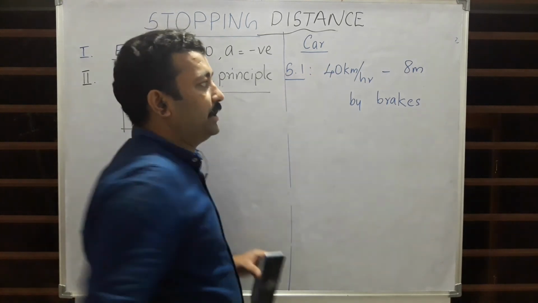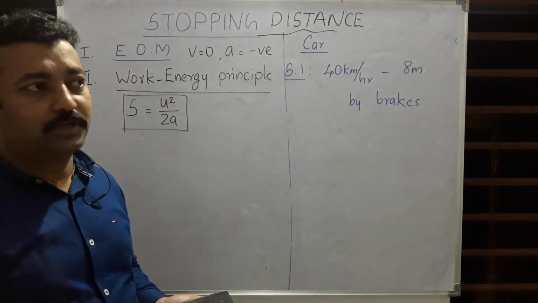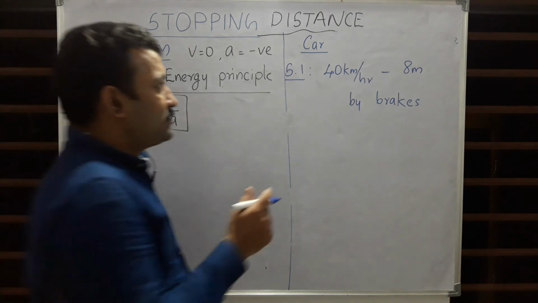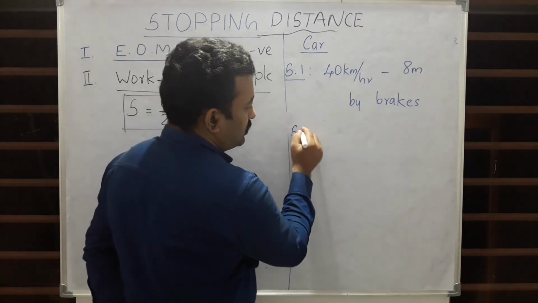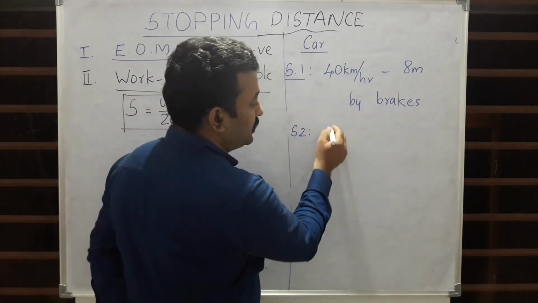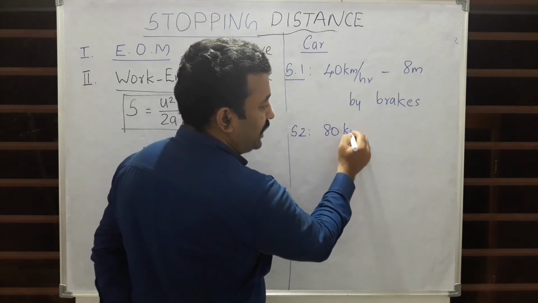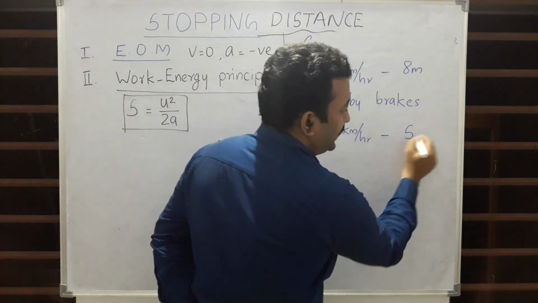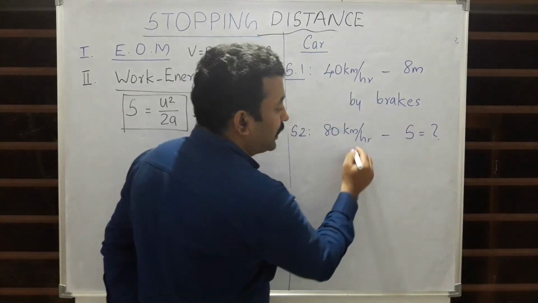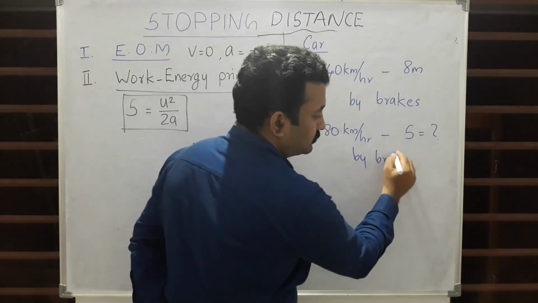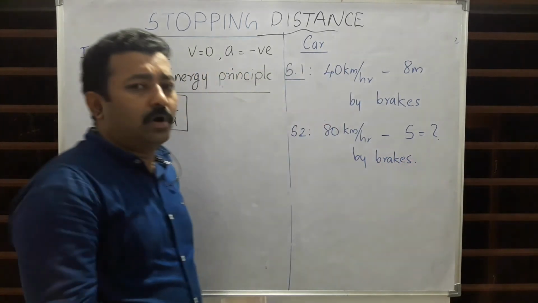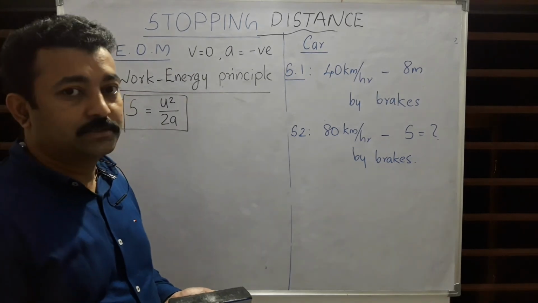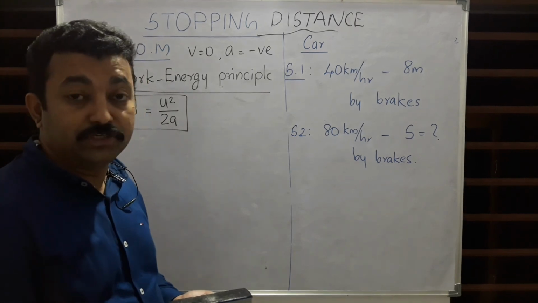Suppose the same car was moving, situation 2, with an initial speed of 80 km per hour, how much distance will it take to stop by applying brakes? All other conditions are the same. We have to find S for another initial speed.